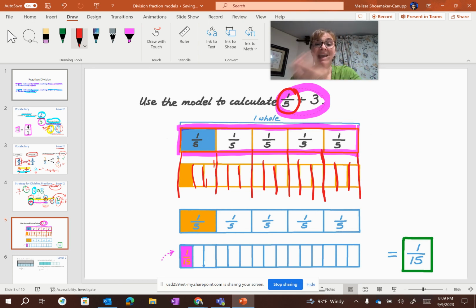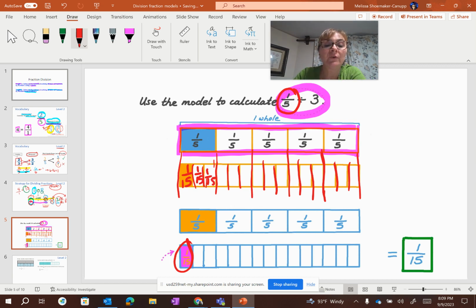So now I can count. There's 1, 2, 3, 4, 5, 6, 7, 8, 9, 10, 11, 12, 13, 14, 15. That tells me that each piece is 1/5. Or I'm sorry, 1/15. So if I wanted to, I could label all those 1/15.